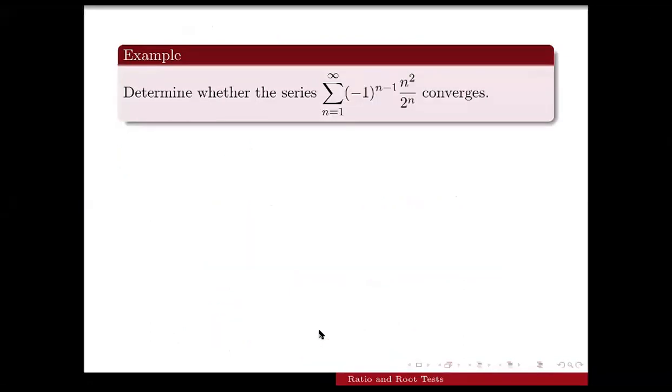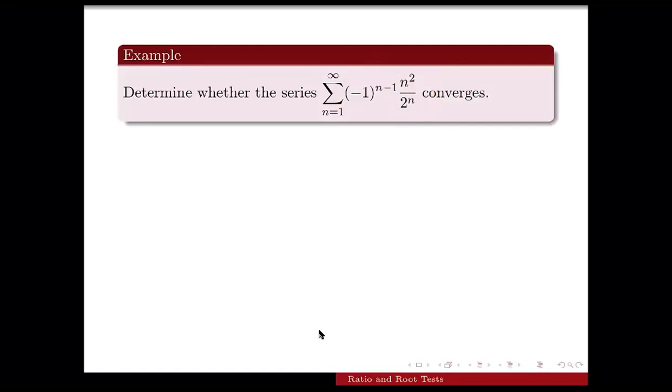Let's have another one. Determine whether the series converges or diverges. In here, you have an alternating series because this is -1 to the n minus 1, and these are all positive. So this is an alternating series.